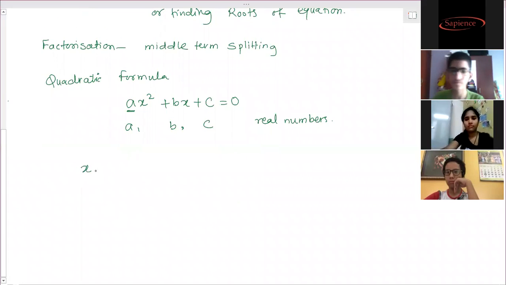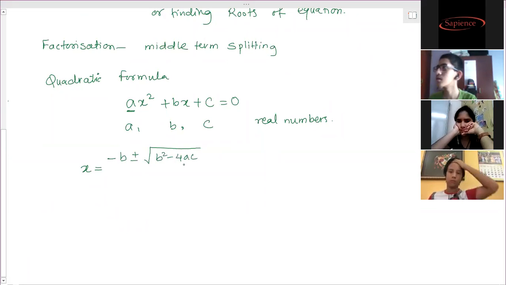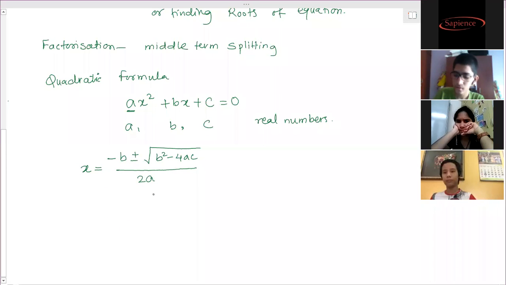The formula is x is equal to minus b plus or minus square root of b square minus 4ac, by 2a. Here b is the coefficient of x. So we know it is a quadratic equation, so it will have two roots.